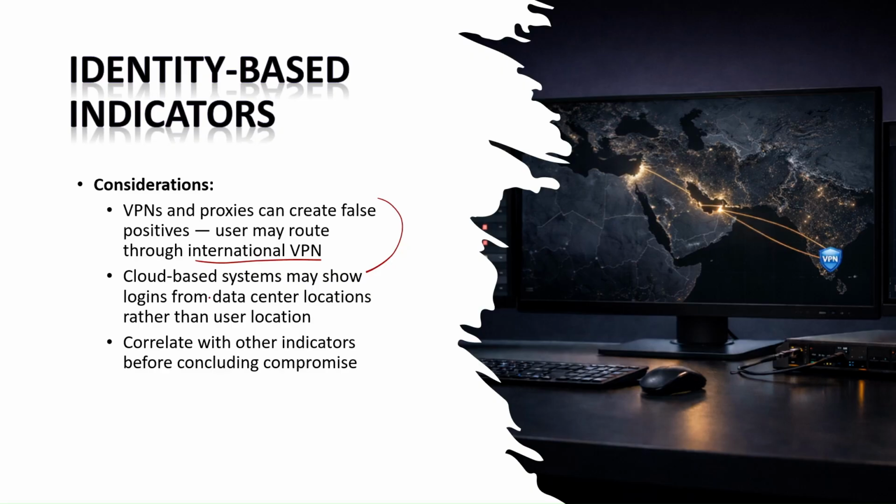Cloud-based systems may show logins from data center locations rather than user location. For example, if the user is logged in from a data center inside London, then the location may be shown as London. So correlate with other indicators before concluding the compromise.